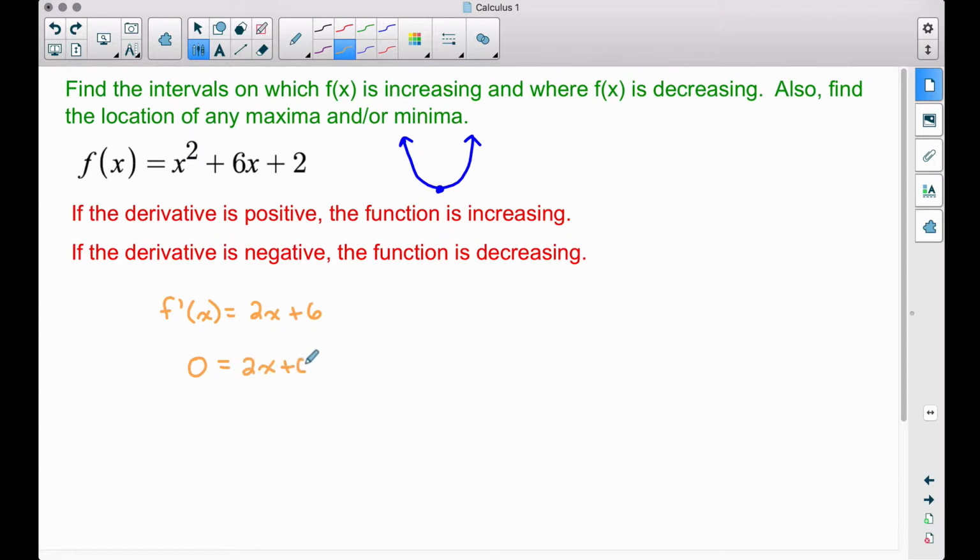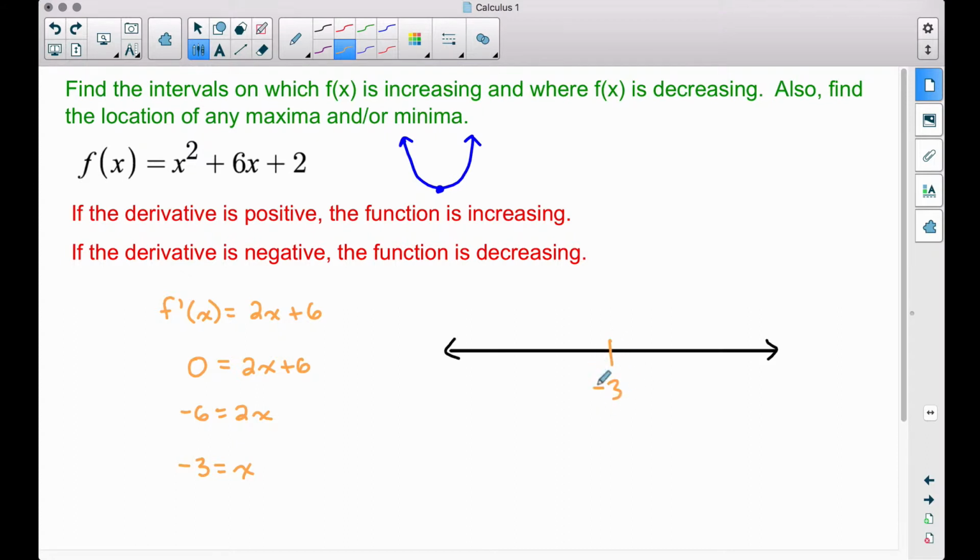So setting the derivative equal to 0, subtracting 6 from both sides, and then finally dividing by 2, we have a critical value of -3. This is where our derivative may change signs. In this case, it is going to change signs, but it doesn't always do that.